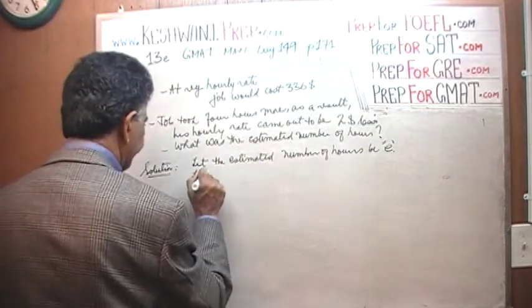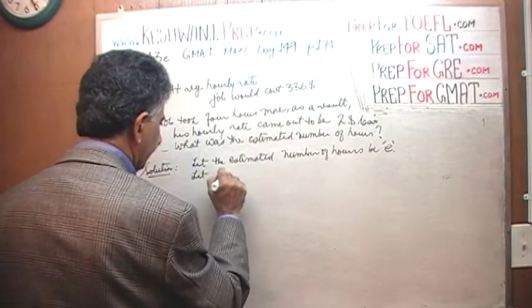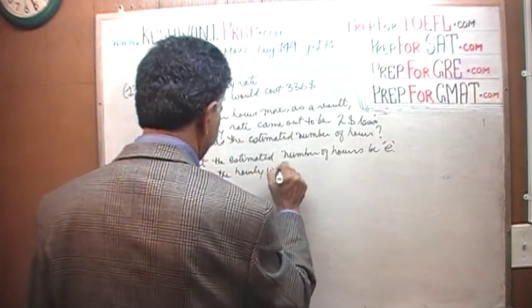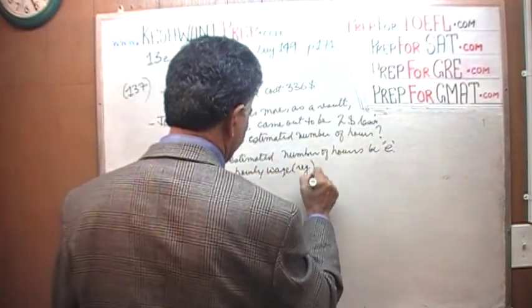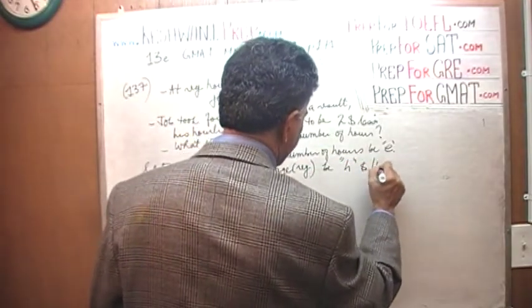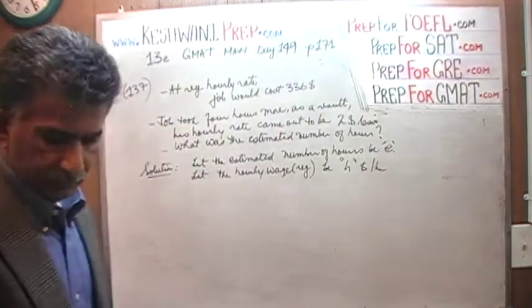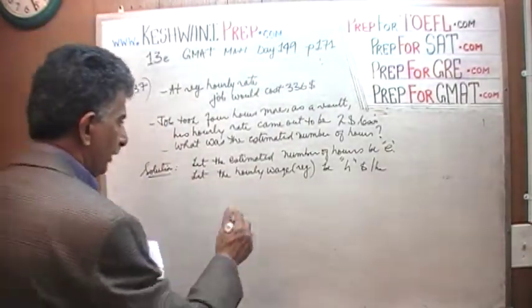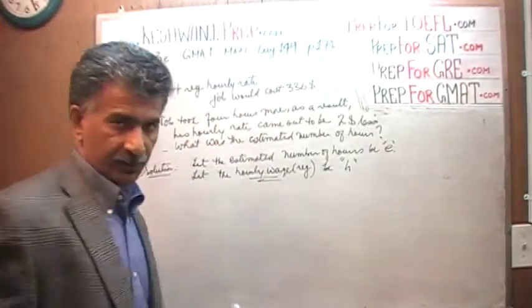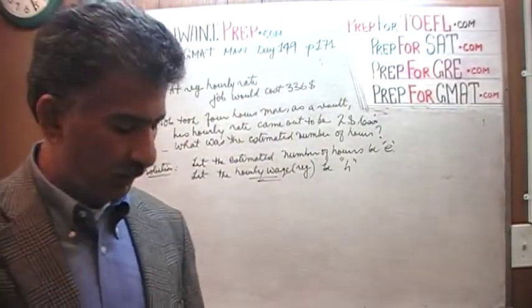Let the hourly wage, that is the regular hourly wage, be H. Again, because we're calling it hourly wage, to say per hour is redundant. It's just letter H for the regular hourly wage.